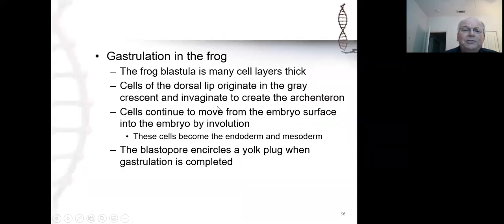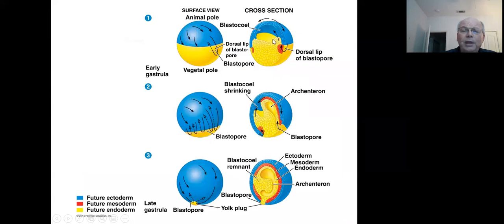When we look at gastrulation in a frog, it's a little bit more complicated because number one, we have to take into account the offset of the blastocoel. And number two, we also have to take into account the presence of the yolk. And number three, we have to take into account the fact that the yolk is going to provide nutritive support, so the archenteron will not be connected to the exterior.